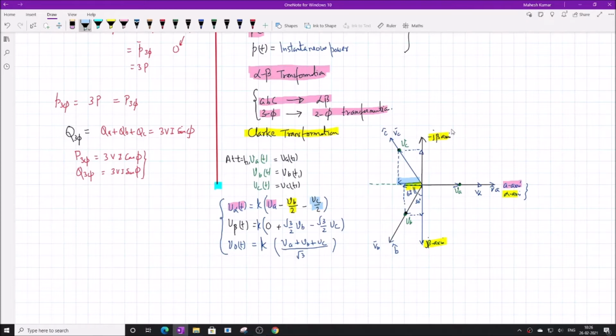And then we have beta, which is the components of VA, VB and VC along the beta axis.